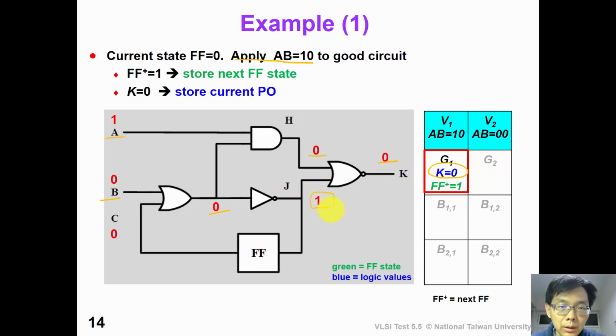And the next state of the flip-flop will be 1. We also record this for the good circuit. In this table, we would use blue color to represent logic value and the green color to indicate flip-flop state.